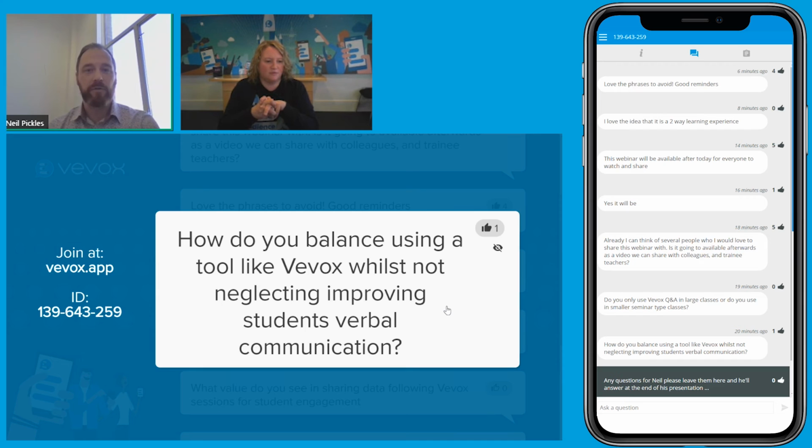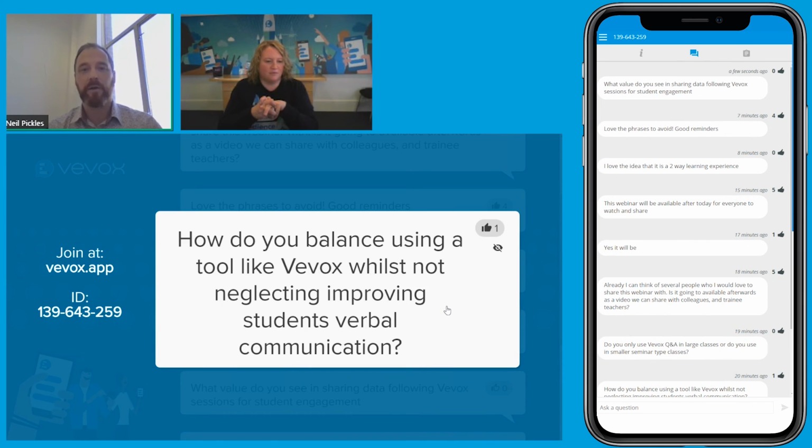Then I would split them into groups and get them to do that with the people on their table. So they are having a dialogue in person verbally with each other and with me about the responses from the earlier one. Because the key thing is Vevox has allowed them to give lots of good answers, which we can then expand on. It's given them that initial confidence to start talking about it more.